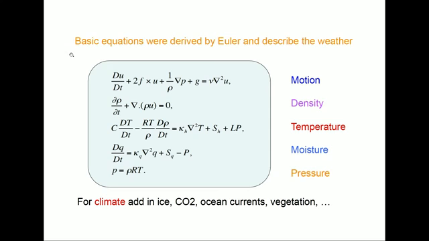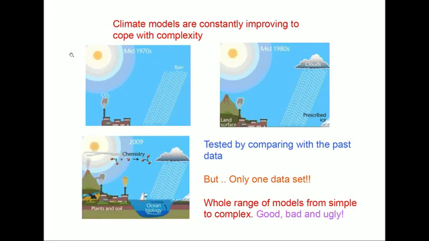And then what you do with climate is you add into these equations all the other complexities of what's going on. I'll whiz forward so I can get onto that. And this is the sort of complexity you might add. So in the 70s, they were putting in carbon dioxide and rain and so on.